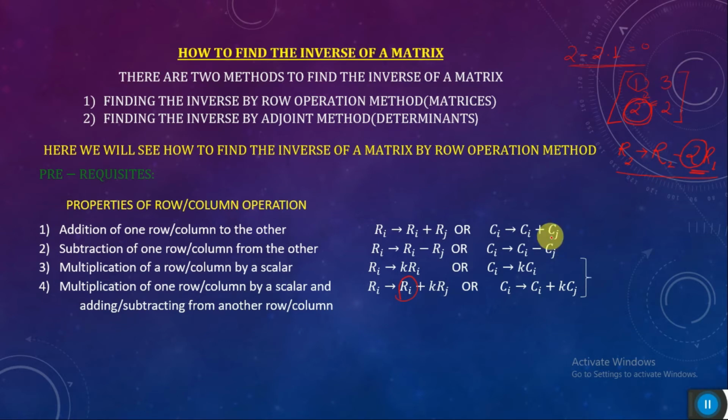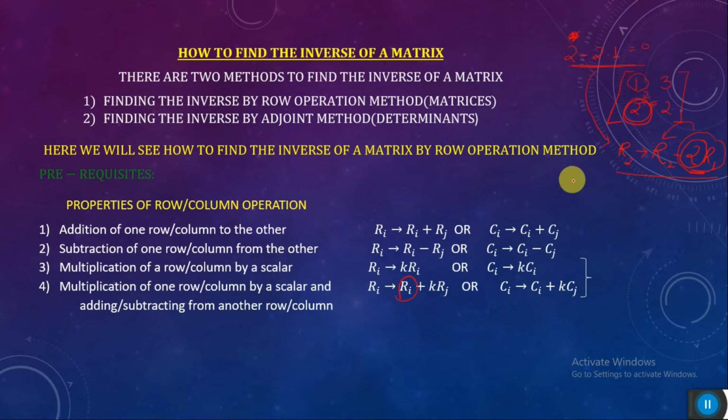So this is what this operation says, that you can multiply a constant to one row and subtract it from another. This is another operation which is very important. If you did not get it, please rewind and see again what I did here as well as here. So let's go to the next one.